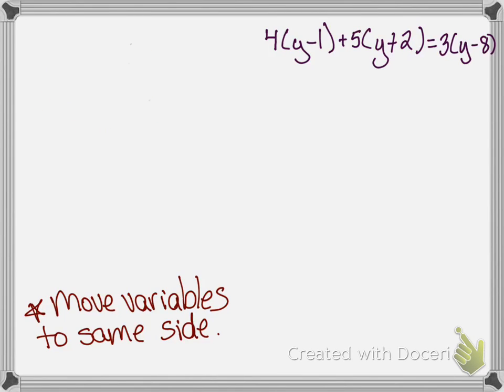A lot of times students get a little bit confused when we're talking about parentheses and we're supposed to simplify what's inside the parentheses. We're supposed to deal with parentheses first. What does that mean when I'm solving equations? So what we've got here is 3 sets of parentheses that we've got to do something with.